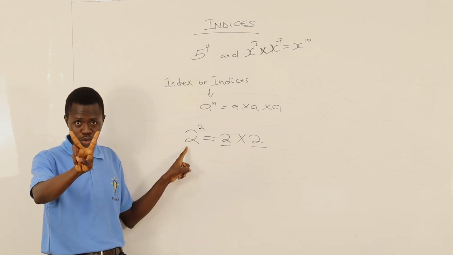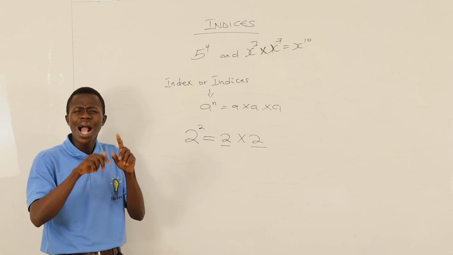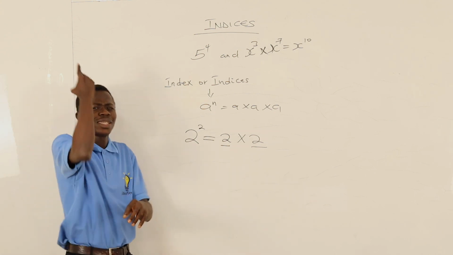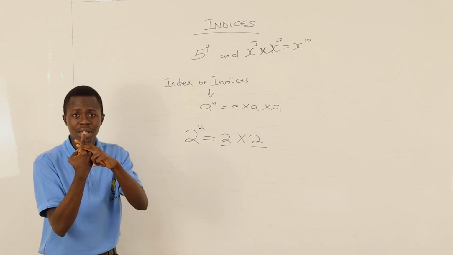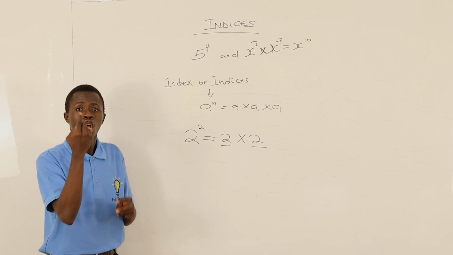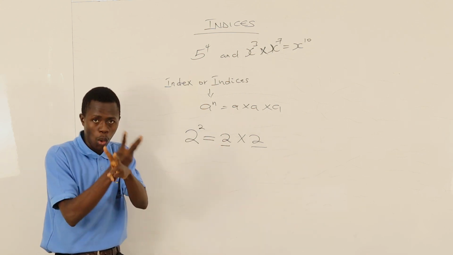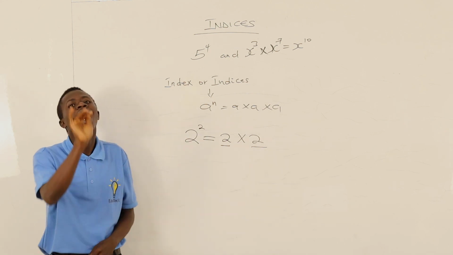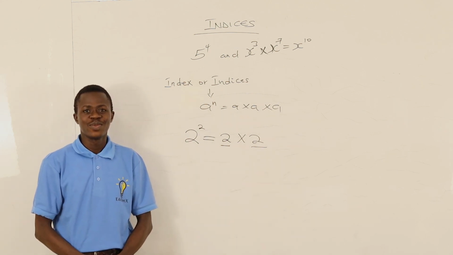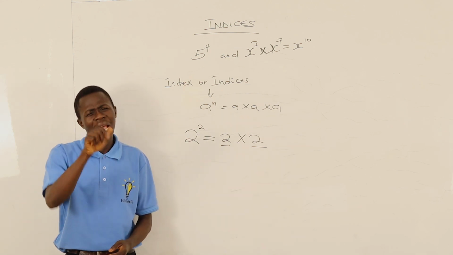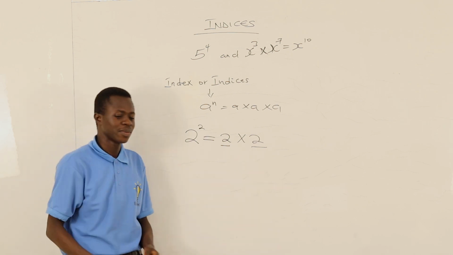So 2 raised to the power 2 can also be expressed as 2 multiplied by 2. If you have the base, which is the number 2, the power is telling you how many times the base is multiplying itself.